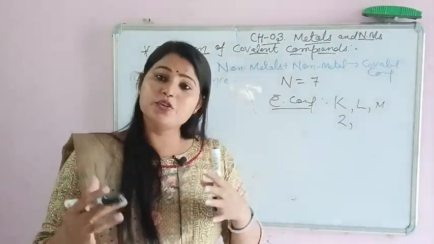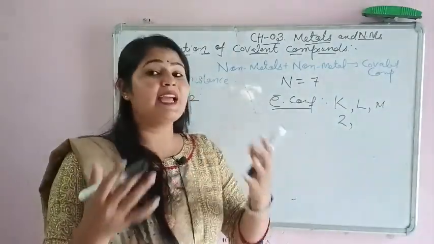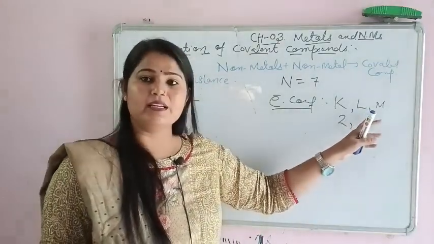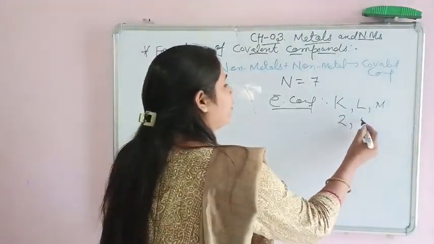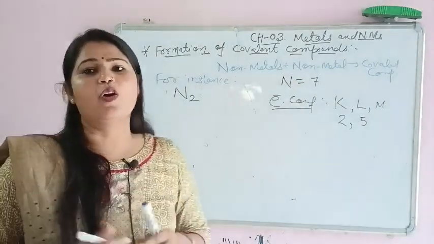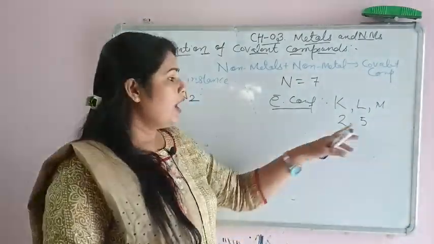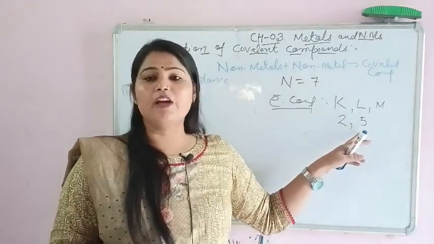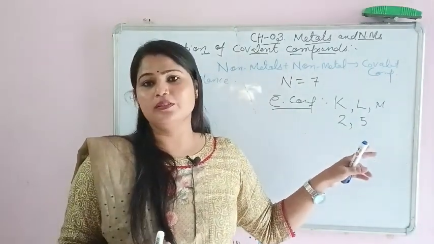So we put these 5 electrons in the second shell, the L shell. This is the electronic configuration of nitrogen. 5 electrons are present in the valence shell of nitrogen.